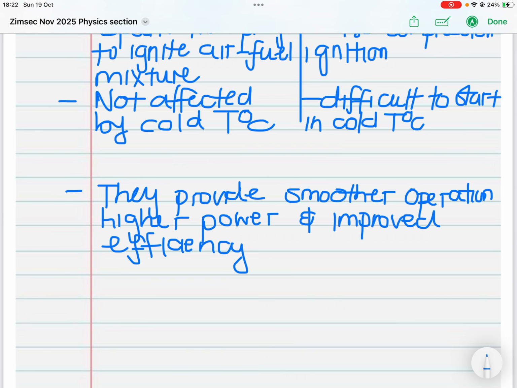So the advantage is that they provide smoother operation, higher power, and improved efficiency by delivering more power pulses.